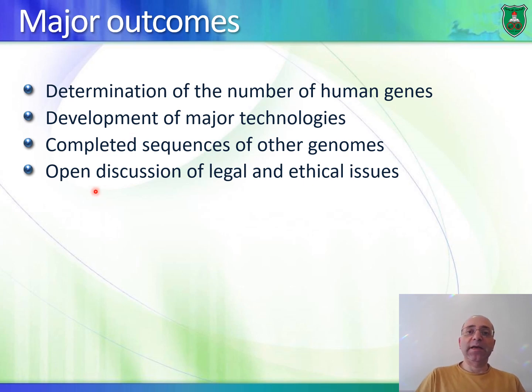So along the way, with the invention of new technologies and new knowledge of the human genome, they were able to also sequence the genomes of other organisms, other species as well.